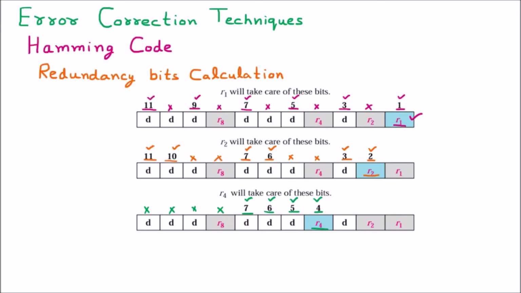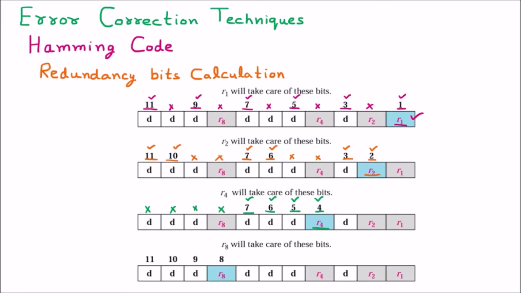Now we are learning what the next redundancy bit, R8, is going to take care of. If R8 is there, it will take the consecutive 8 numbers together. Starting from 1, 2, 3, 4, it will go till 8, but our data is complete here.